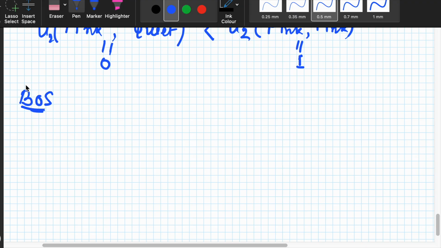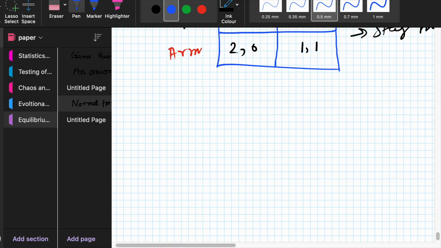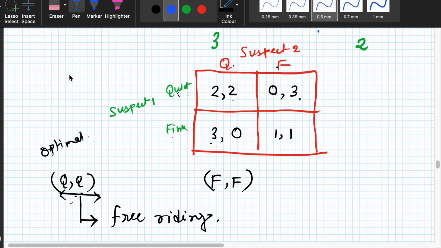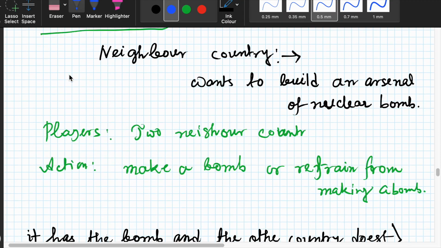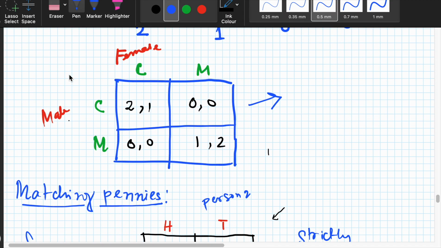Now let us go back here. What was the payoff element? The payoff element was 2, 1, 0, 0, 1, 2.